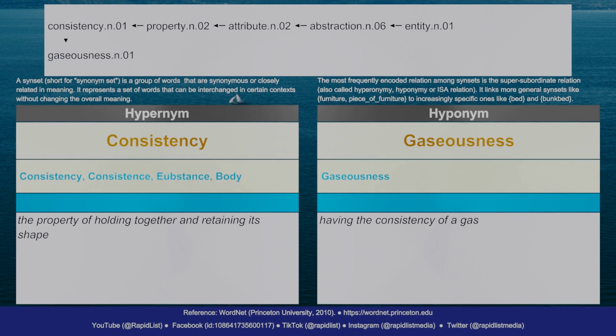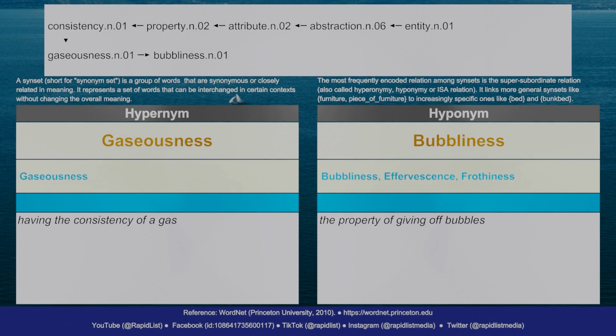Gaseousness. Having the consistency of a gas. Bubbliness. The property of giving off bubbles. Foaminess. The property of being foamy.